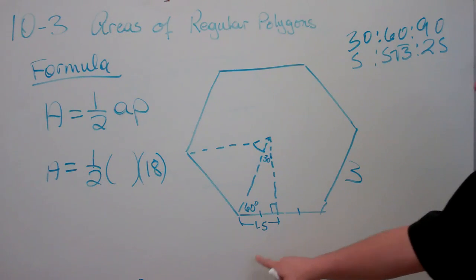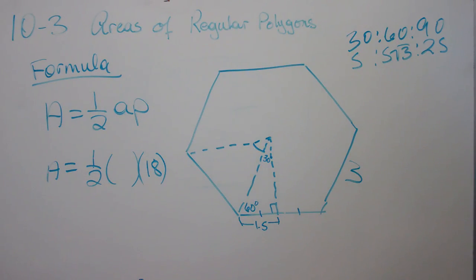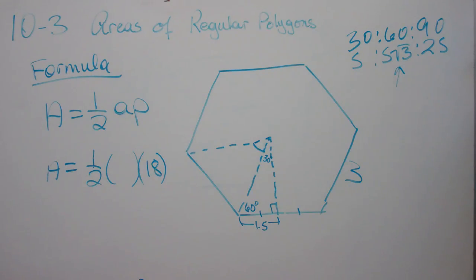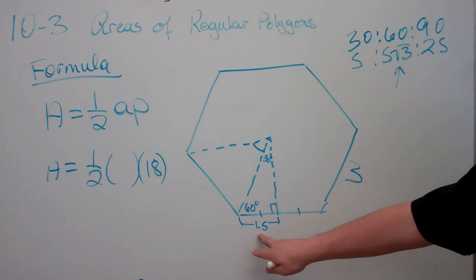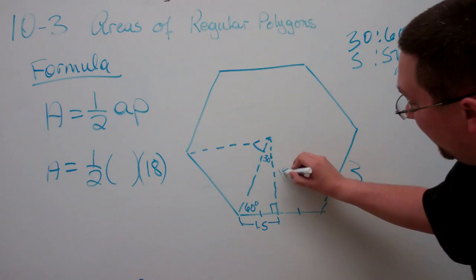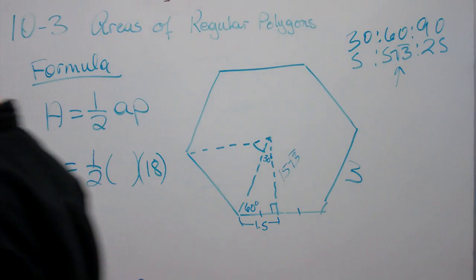Our 1.5 is across from our 30, and our apothem is across from our 60. So our apothem is S times the square root of 3 in the ratio. Since 1.5 is S, our apothem is simply 1.5 times the square root of 3. Now we have our perimeter and our apothem, so we can get to work finding our area.